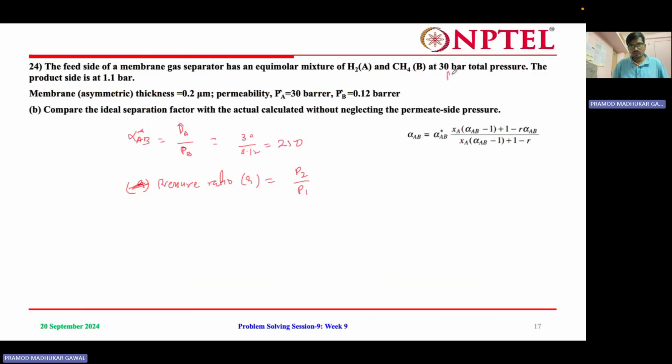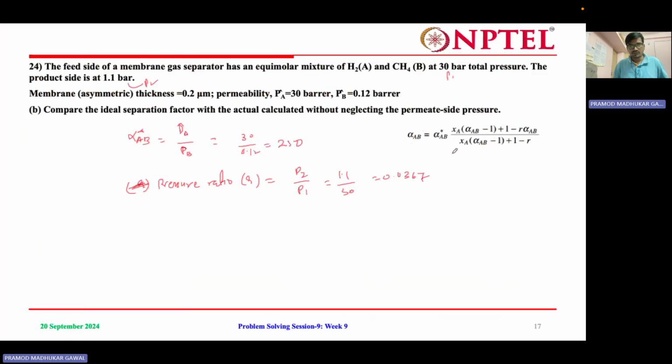Here is P1 and here is P2, so 1.1 divided by 30, which is 0.0367.